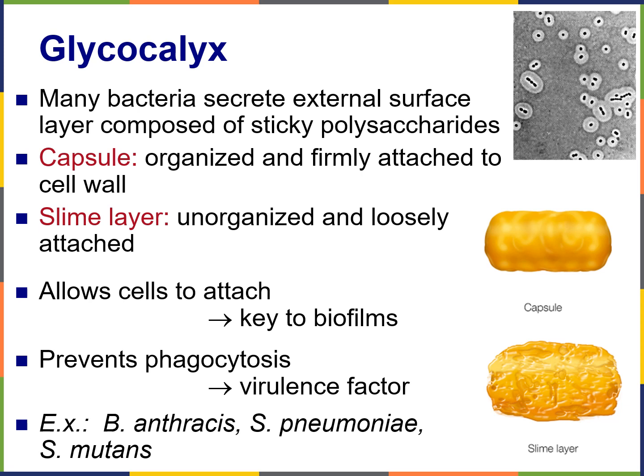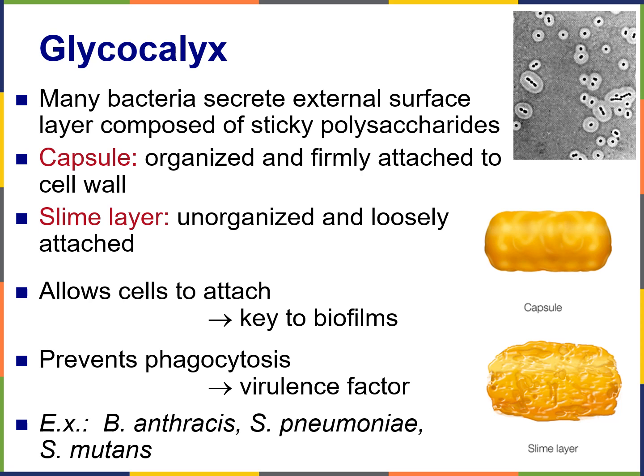So now your immune system has to send the next level or the next layer of your immune system to try to attack these cells. So the key point, these cells, if they have the glycocalyx around them, they cannot be phagocytized. So it is a way of the bacteria surviving your immune system. And that is what is meant by virulence factor.